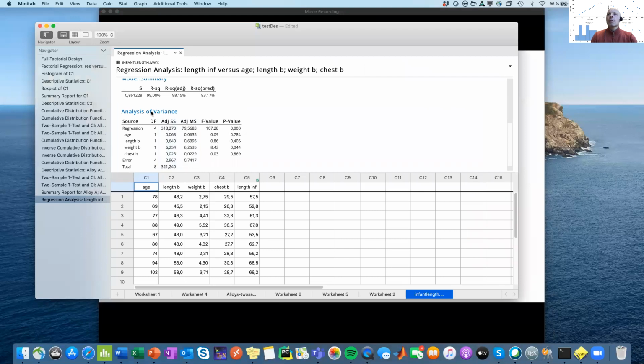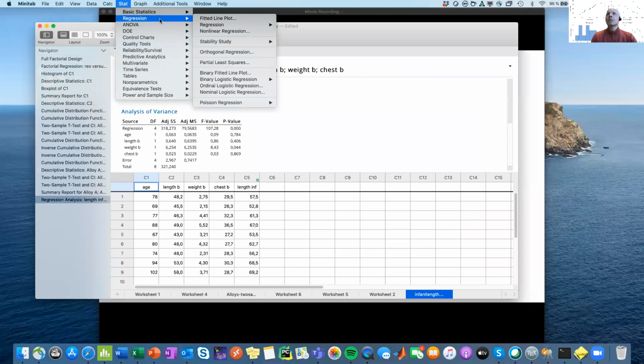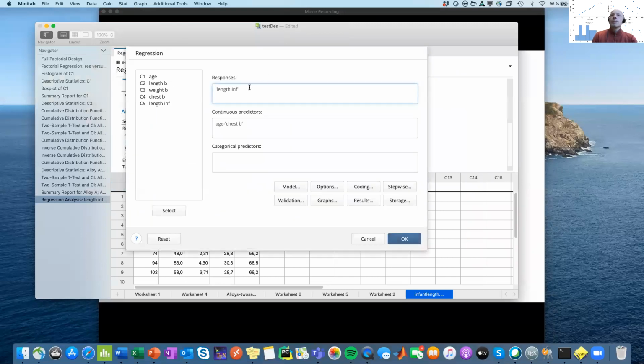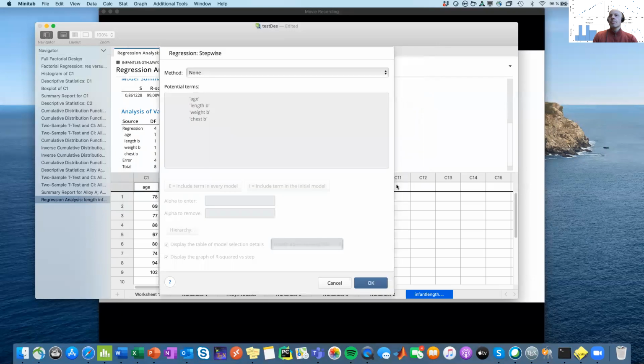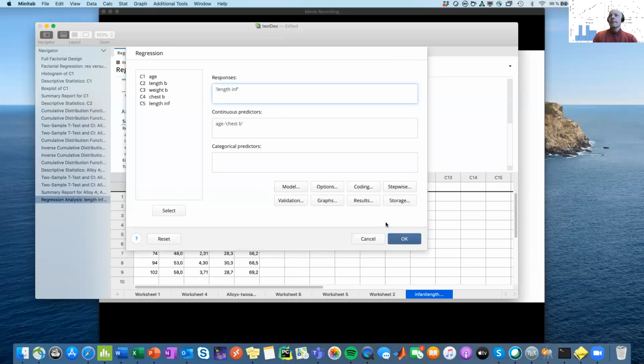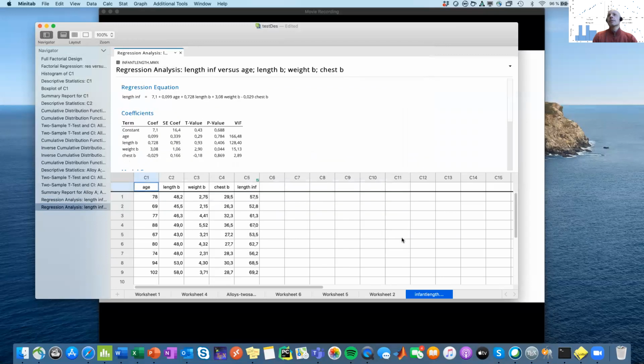So here is our data, and then we can do Statistics, Regression, Fit Regression Model. My response is the infant length, and I regress it on some of these covariates that we have. Here you see that there's also an option of stepwise regression, but I use none to begin with.